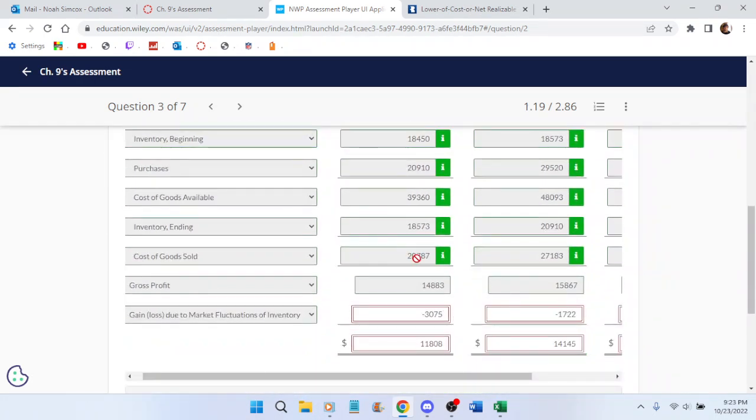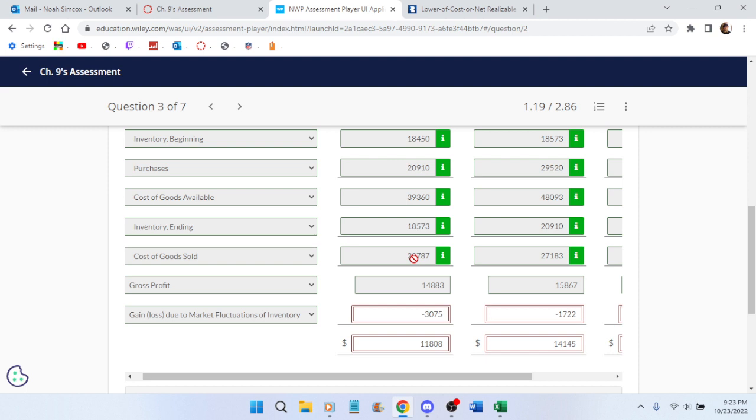Is it supposed to be like cost of goods sold is this, but your actual cost of goods sold is less than this? It's a gain.